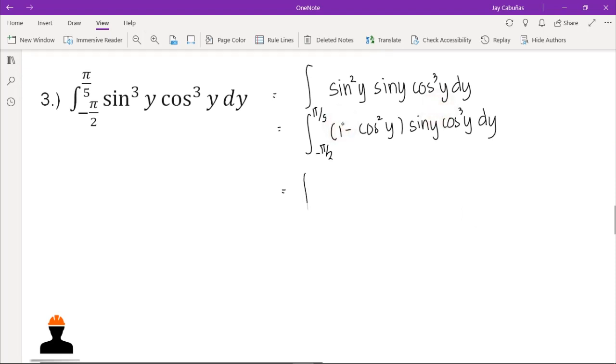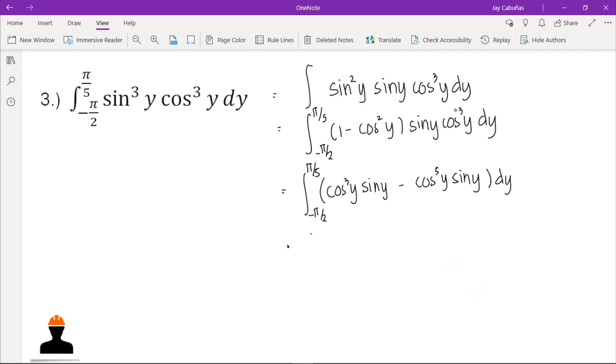So we could have the value, let's rewrite this as cosine cube y sine y minus, we have multiplied this term to cosine squared y, then we have cosine 5y, you add the exponents, of course, that is a basic rule in algebra, then that is sine y, then we have dy, and then we have the limit from negative pi over 2 to pi over 5. Now in this case, since we have two terms, we could integrate them individually.